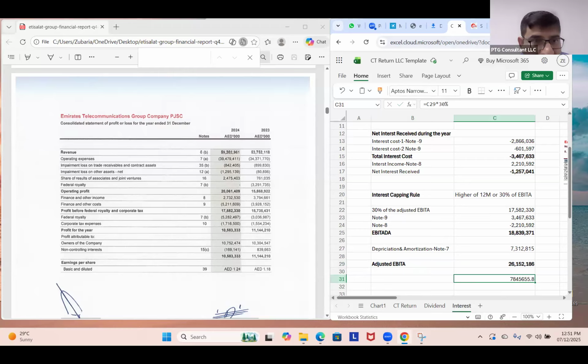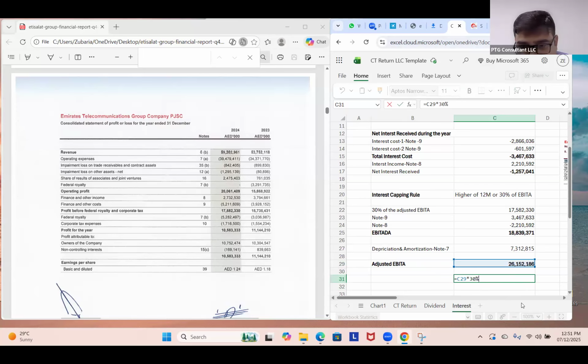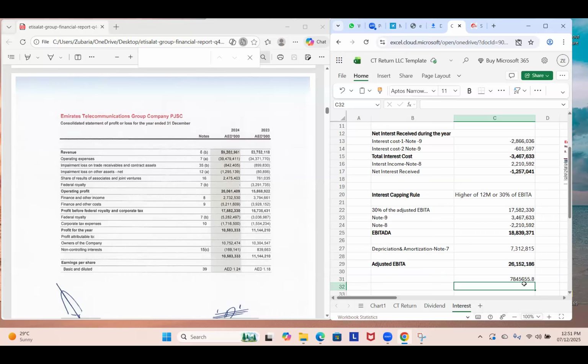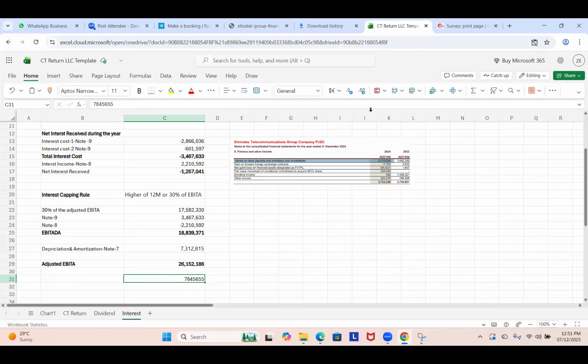I appreciate all the participants doing this in parallel on their sheets also. So 784, 5655. If you make this column a comma-style column, I think it will be better. Sir, actually I'm using the online version.